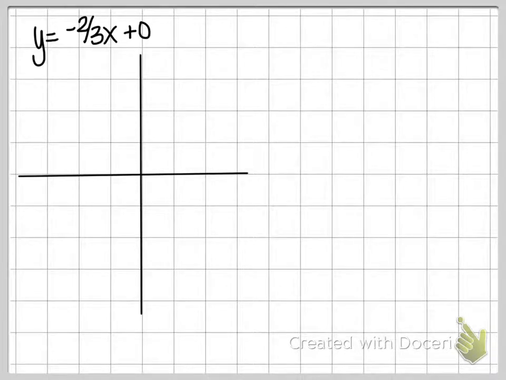There's nothing there. So that means our y-intercept is 0. So here's our y-axis, our x-axis. Along our y-axis, it's crossing at 0. And now we use our slope to plot many other points.